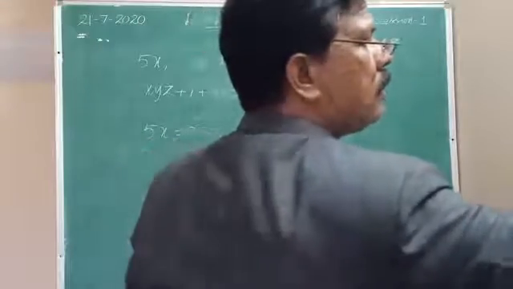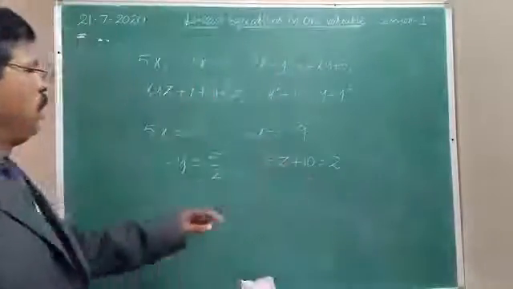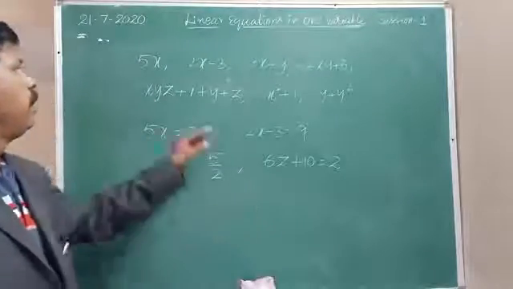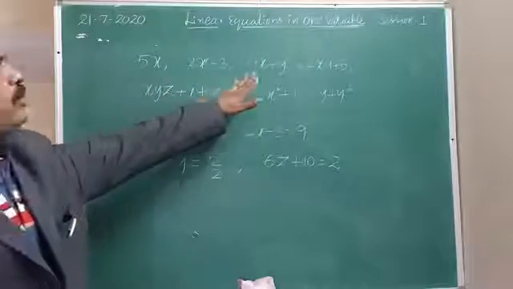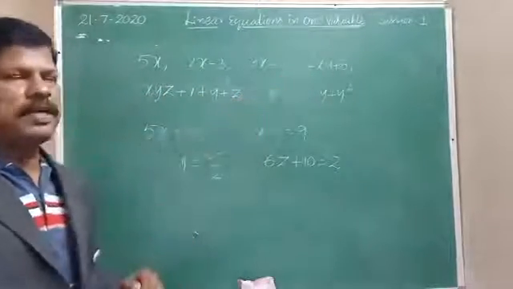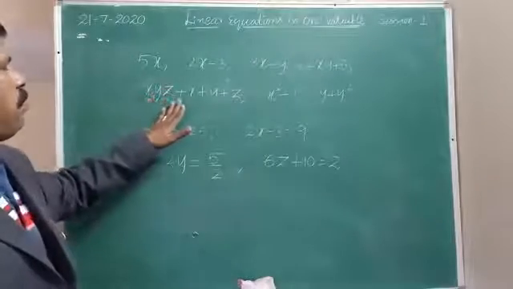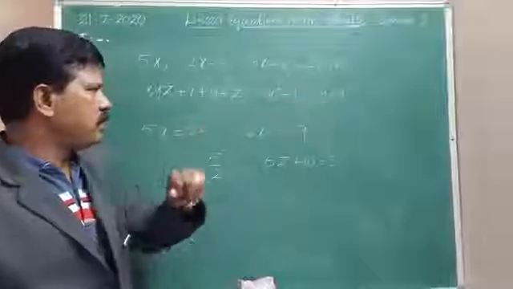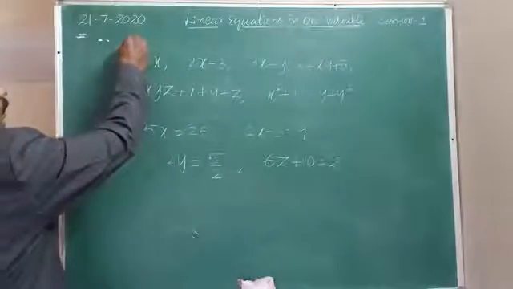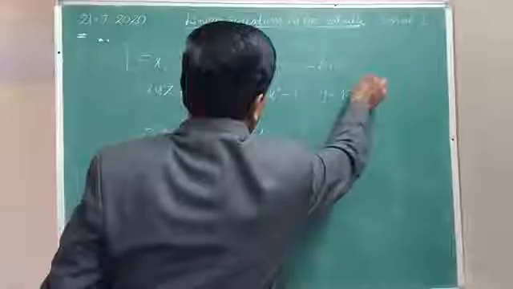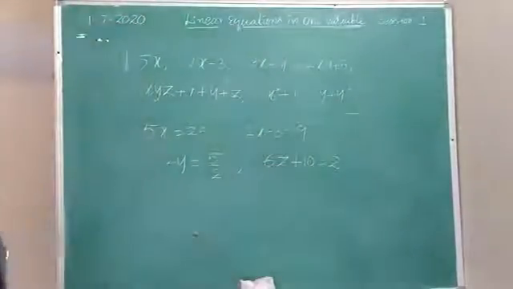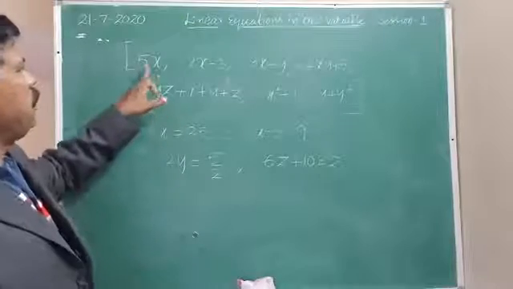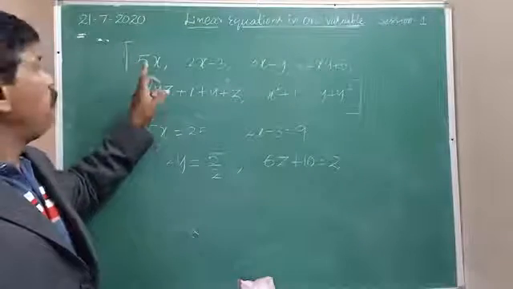Now, look at this. 5x, 2x minus 3, 3x plus y, 2xy plus 5, xyz plus x plus y plus z, x square plus 1, y plus y square. All these are algebraic expressions. See, this is a monomial, only one term.